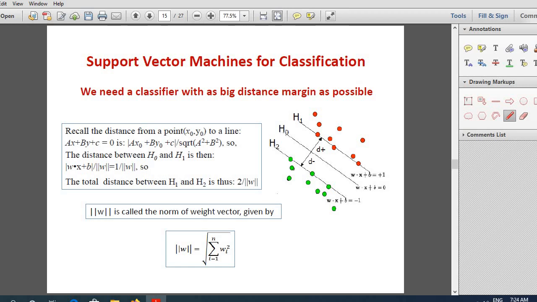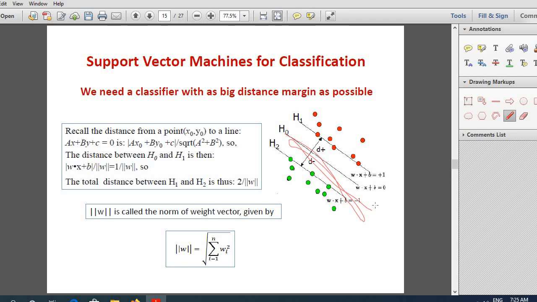Now, you have a set of red data here and another set of green data here. Suppose that H naught is the optimal line or hyperplane separating the two.